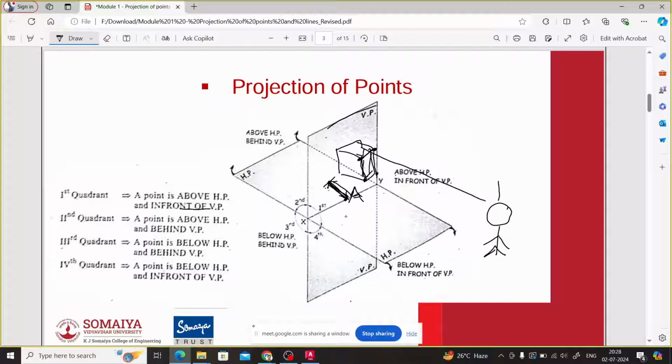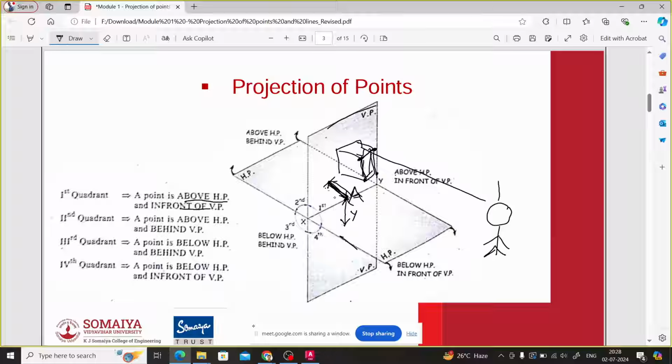Now, by how much distance is the point located with reference to the horizontal plane? Suppose this is the distance. This distance is above the horizontal plane, so it is called the above-HP distance.